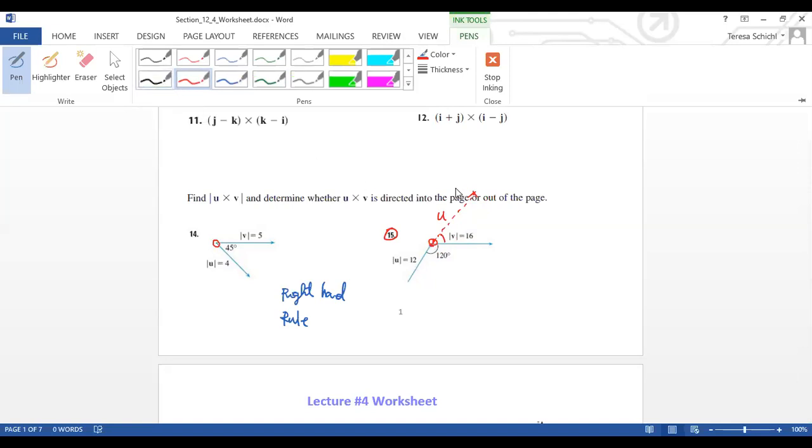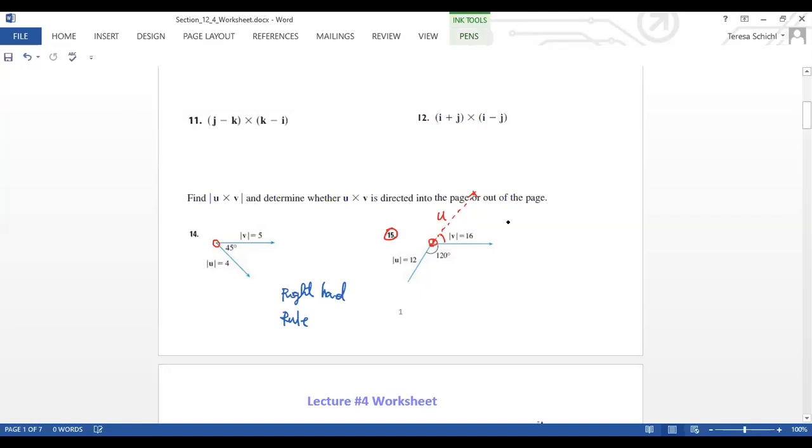If you think of this as the plane, then I know my U cross V goes into the page. That means you're finding a vector perpendicular to the plane, going into the page, which is perpendicular to both U and V. I cannot draw that on the paper.